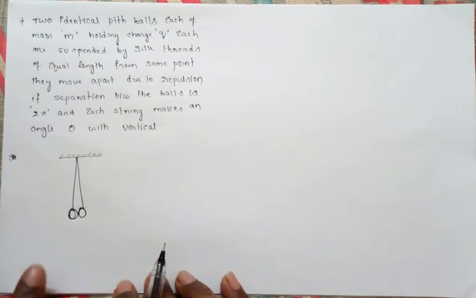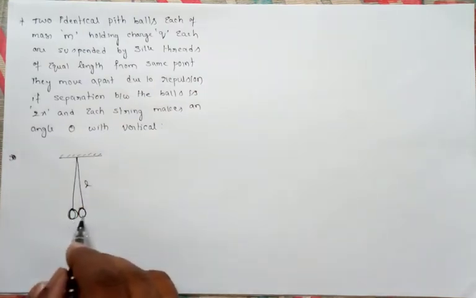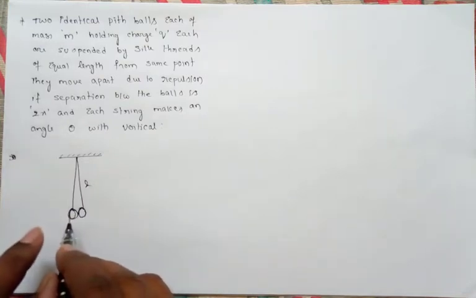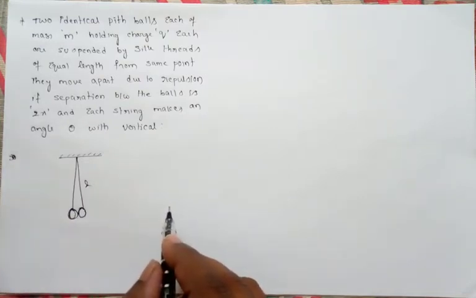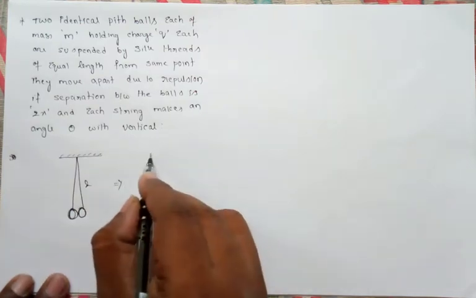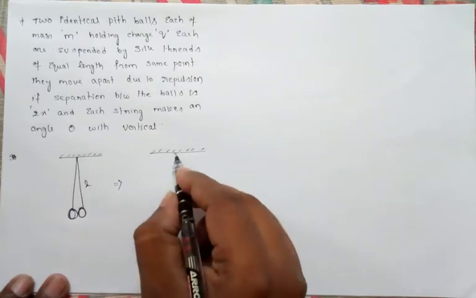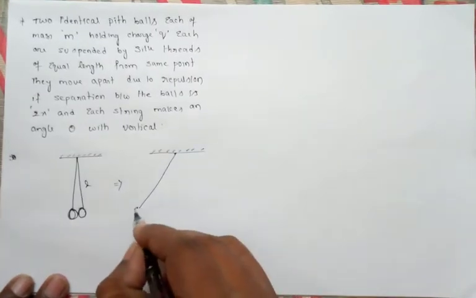Whenever they are given charge, these two acquire equal charges, so they repel each other by the Coulombic repulsive force. They will reach like this.